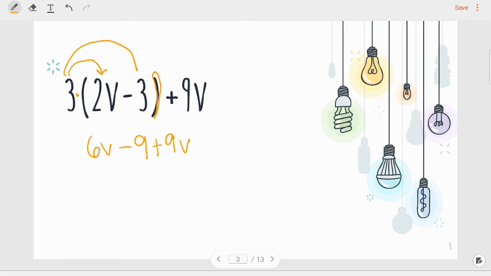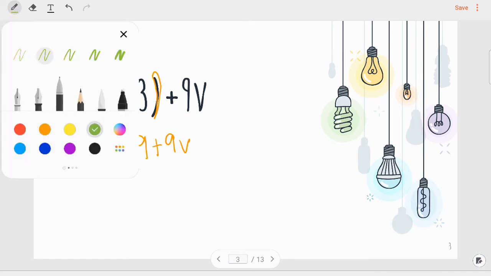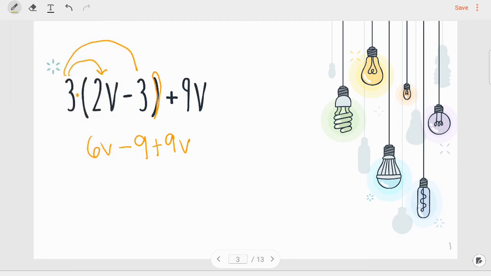And now that my 6v is outside of my parentheses, with my 9v that was outside of my parentheses, I can combine them. So let's look at this problem. I'm going to break these apart by my pluses and minus signs. So 6v minus 9 plus 9v. I see that 6v and positive 9v are like terms because they both include a v.